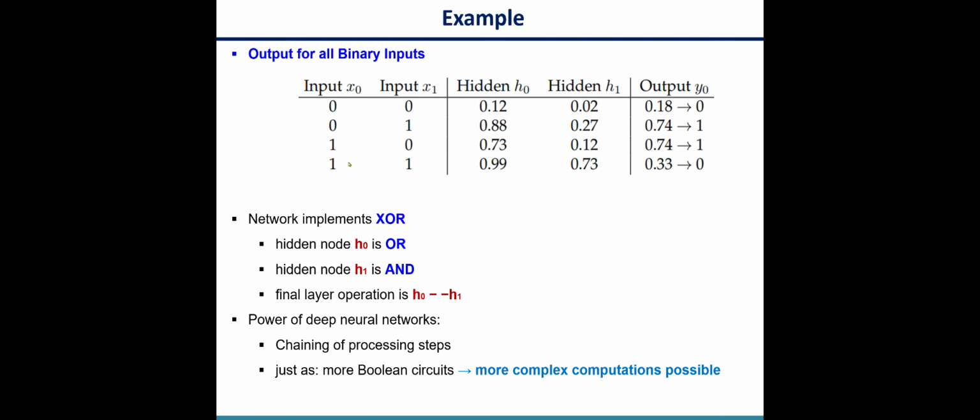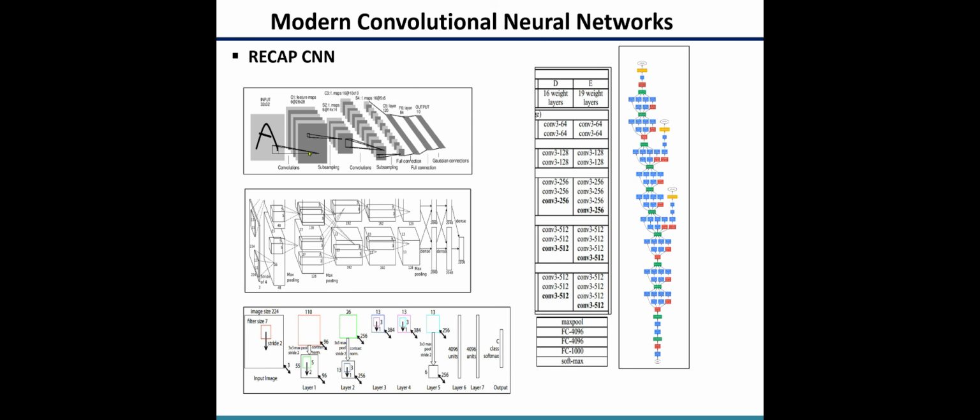First is the convolutional neural network, CNN. You can see this handwritten A; the input is 32 by 32. We have this convolutional neural network.